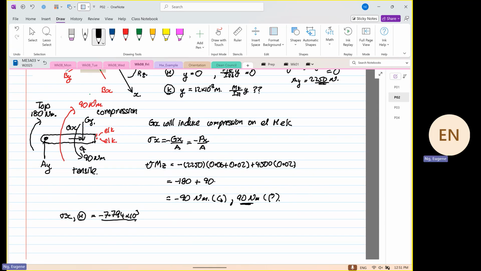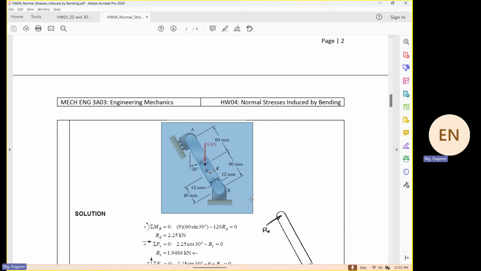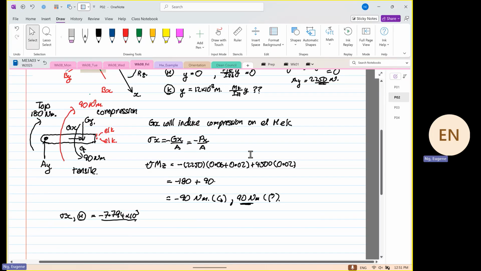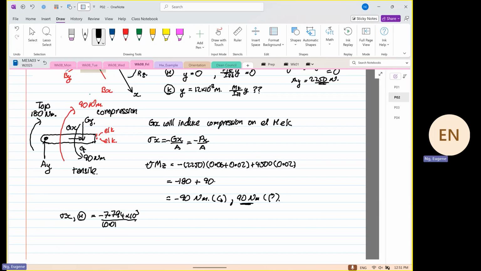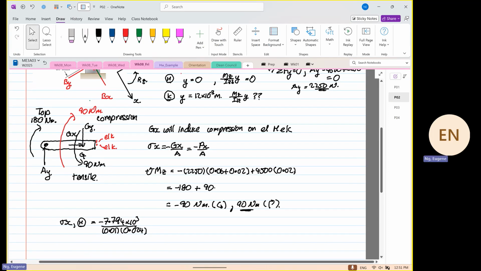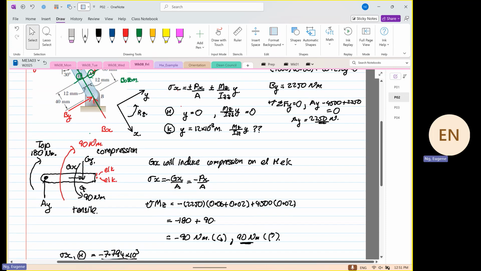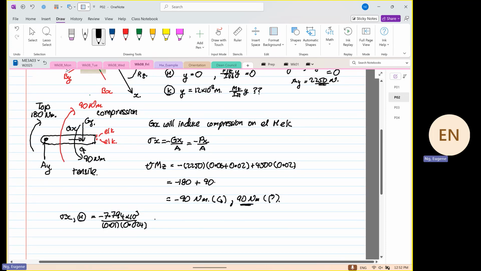I have not a clue what the cross-sectional area is. Pardon me, do they come up with the cross-sectional area? 10 by 24, okay? So 0.01 multiplied by 0.024, okay? And then we know that at H, the moment effect will be equal to 0, right?